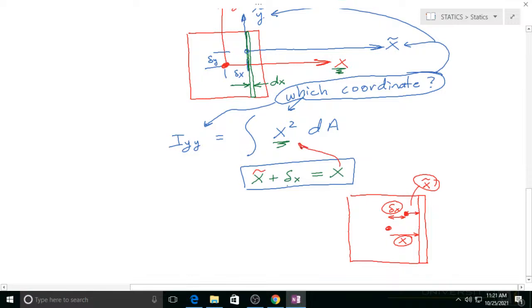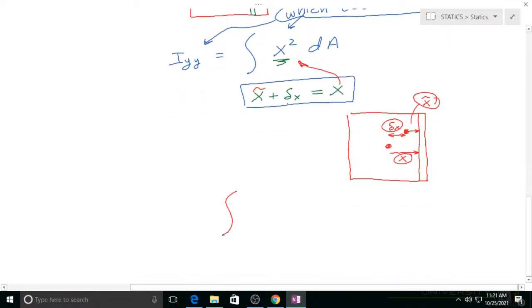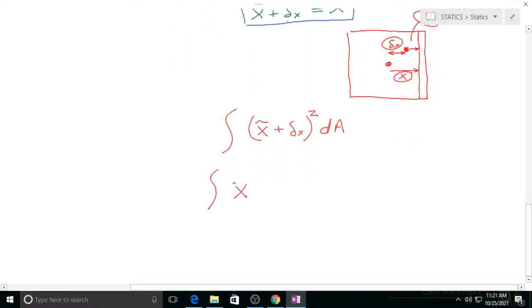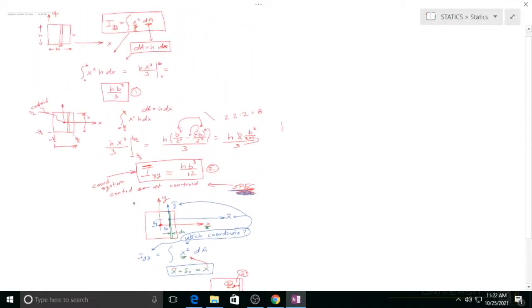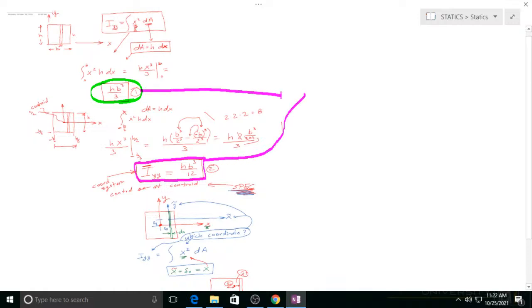So therefore I can take this and put in here, and I'll have this d area, which actually becomes squared, which if you do the math, you get this squared plus 2 plus, so the first time you see something interesting, and that is that we saw before that we had one answer here, and we had the second answer here for the same question, but had different coordinate systems.